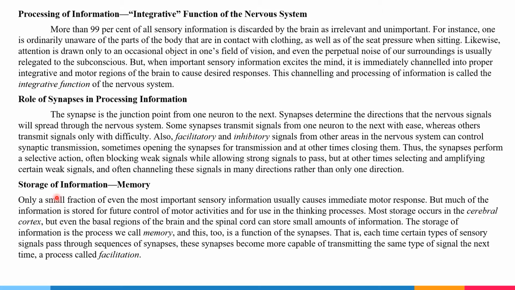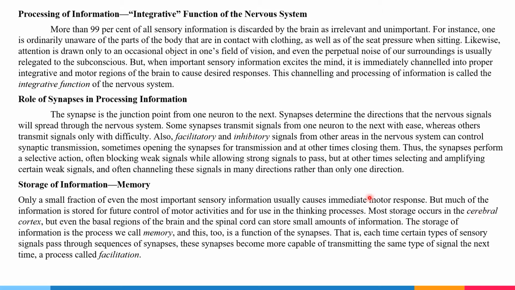Next, we look into the storage of information in the form of memory. Only a small fraction of even the most important sensory information usually causes immediate motor response. But much of the information is stored for future control of motor activities and for use in the thinking process.